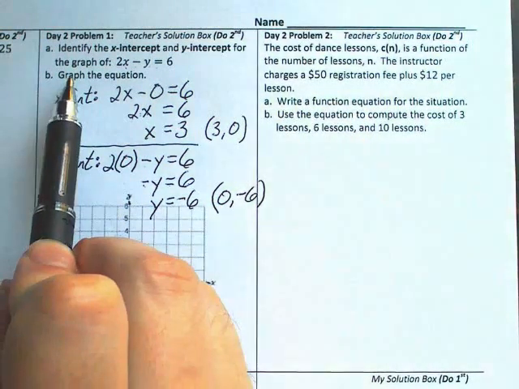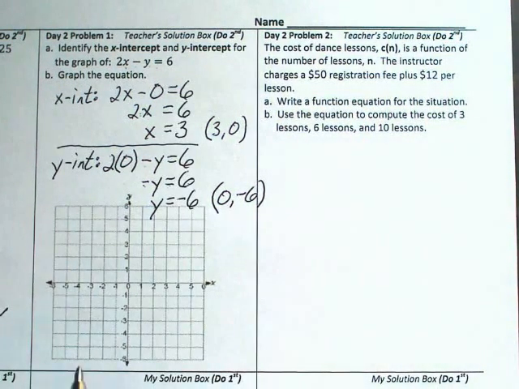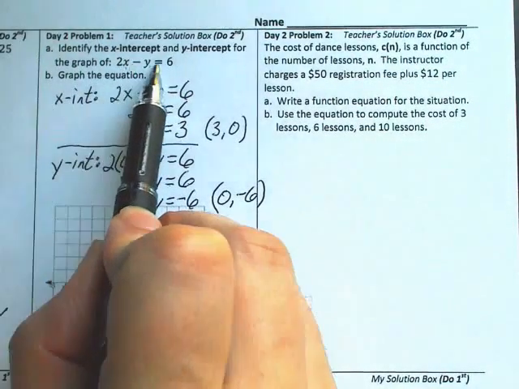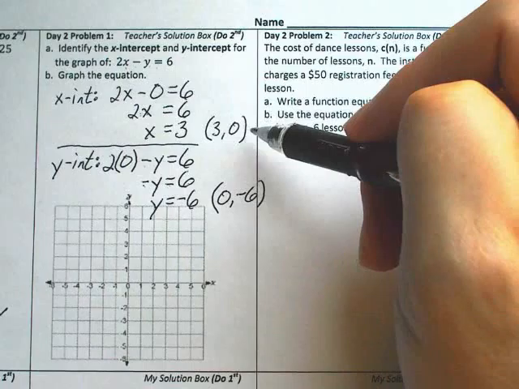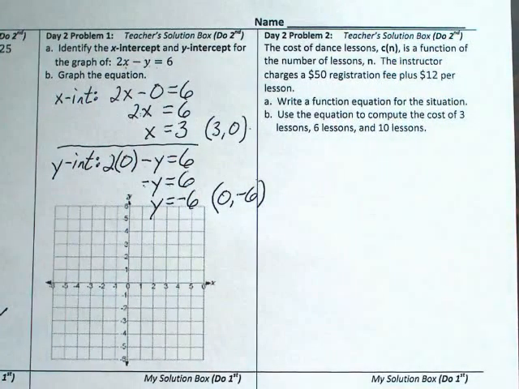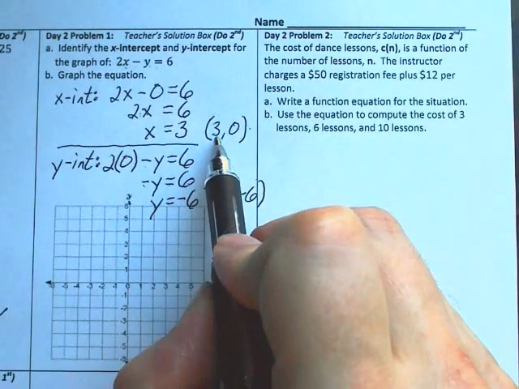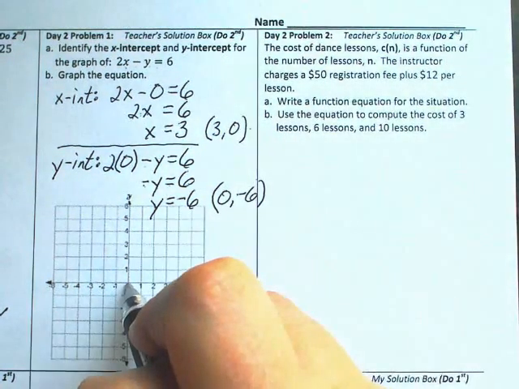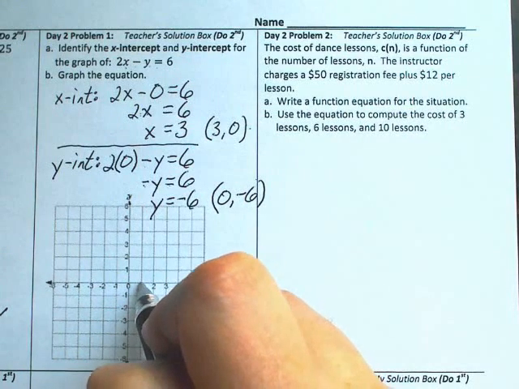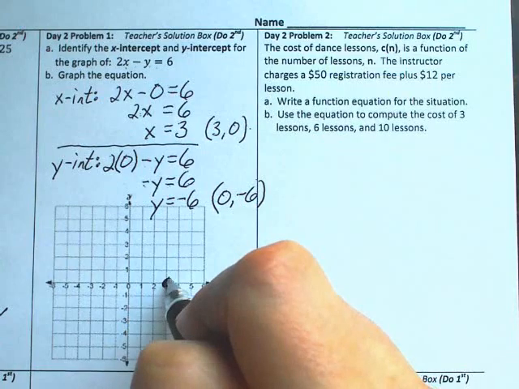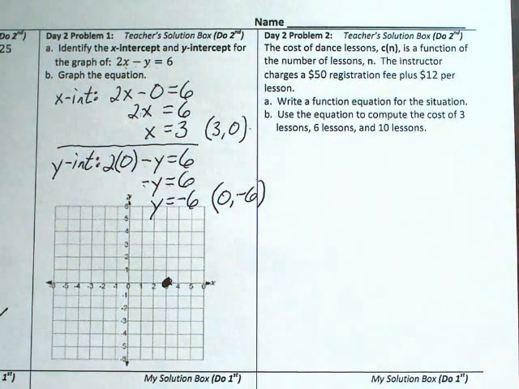Okay, now part B, graph the equation. We are going to draw the line that is the visual representation of this equation by using these two ordered pairs that we have already figured out. So the first one, the x-intercept, it is at (3, 0). Starting at the origin, 1, 2, 3. Here is (3, 0), the x-intercept.